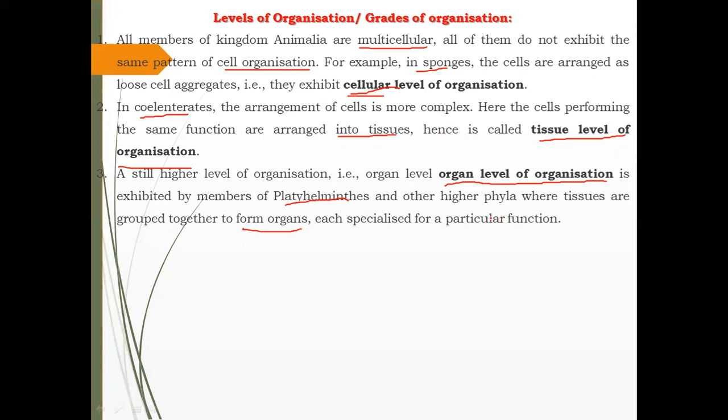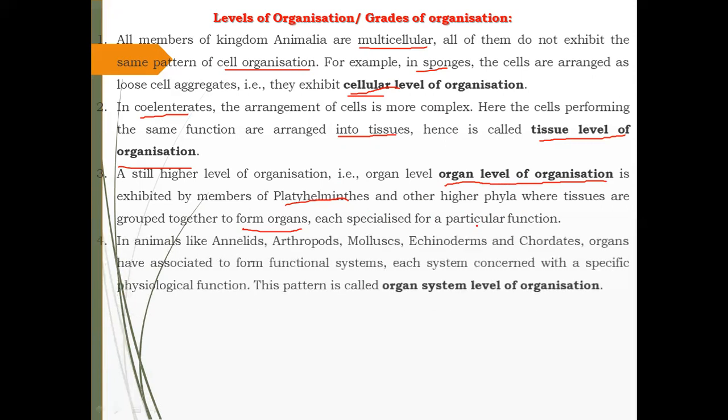For example, now you are listening to my lecture, so here your ears are capturing sound or noise for hearing, then your eyes capture photo images. प्रत्येकाचं काम प्रत्येक ऑर्गन करतोय. That is called organ level of organization.